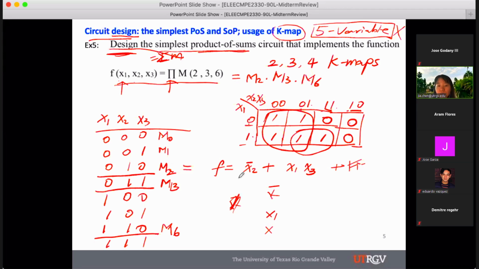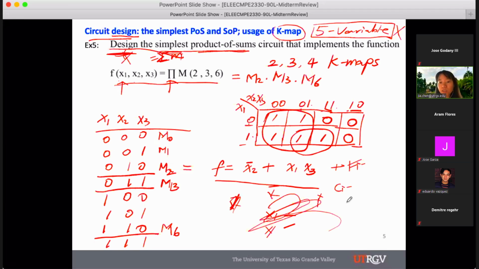The drawing is bad, but you have to get the circuit. Design means in the end you draw the circuit, but before that, since I'm asking for the simplest, you have to get the simplest expression. Then based on this expression, you draw the circuit. That's how you do it. Okay, any questions?